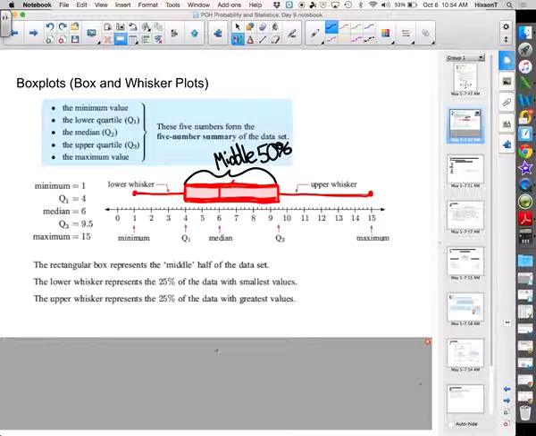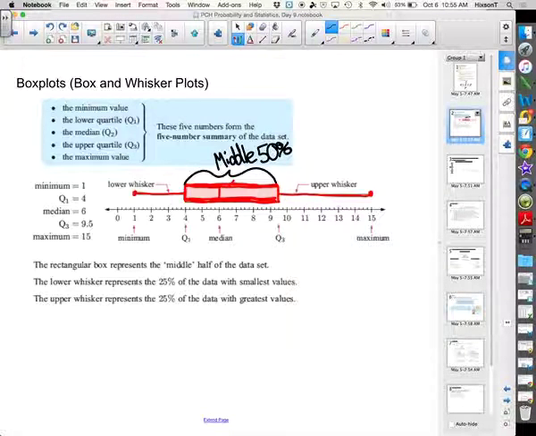Okay? Now, drawing this out visually can help us make some inferences about our data. For example, what could you tell me about the data in my bottom 25% compared to the data in the top 25%? Just by looking at the graph here, how could you compare the data in that bottom 25% with the data here in the top 25%?